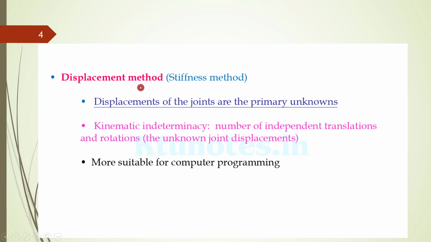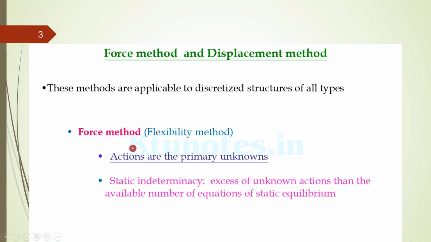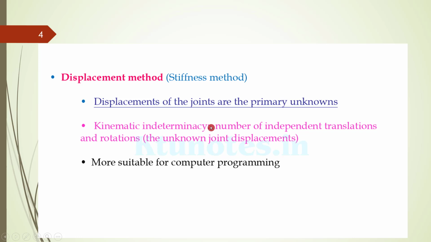And in the displacement method, we are more focused on the kinematic indeterminacy in place of the static indeterminacy for the force method. The kinematic indeterminacy is defined as the number of independent translations and rotations, the unknown joint displacements, and these are more suitable for computer programming. So the STAAD software which you will be studying during your course is based on the displacement method or the stiffness method.